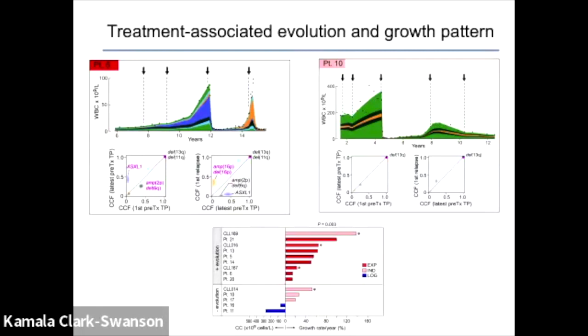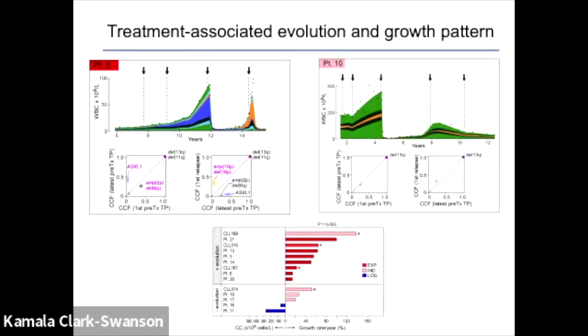So we see that there is treatment-associated evolution that happens in this exponentially growing CLL. By saying evolution, that doesn't mean that treatment caused it. It means that it basically lifted up one of the pre-existing subclones that was present at a very small fraction.